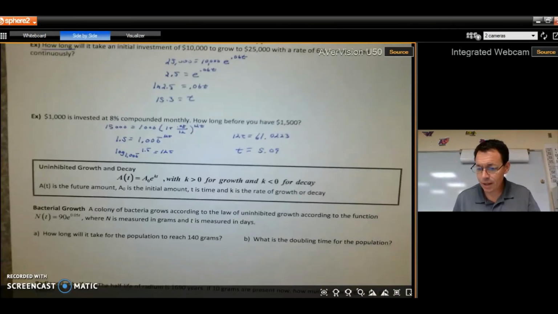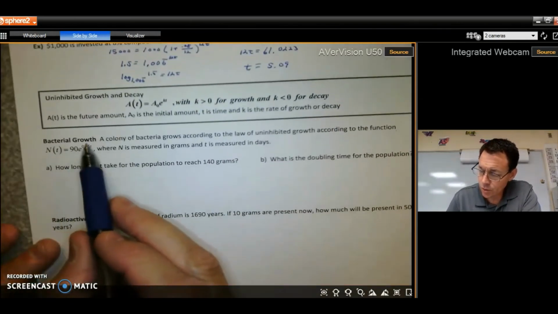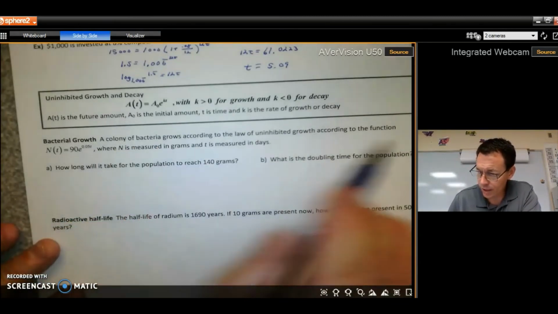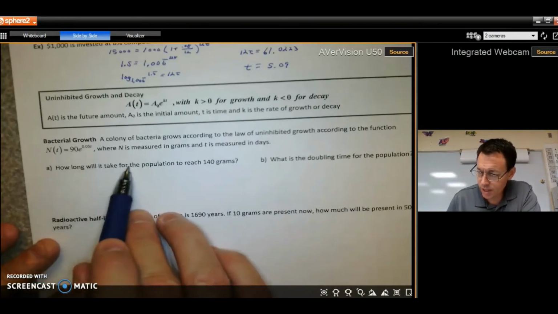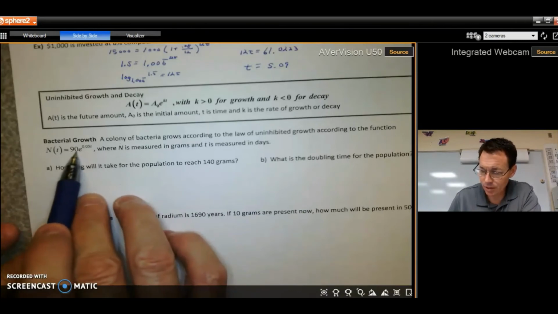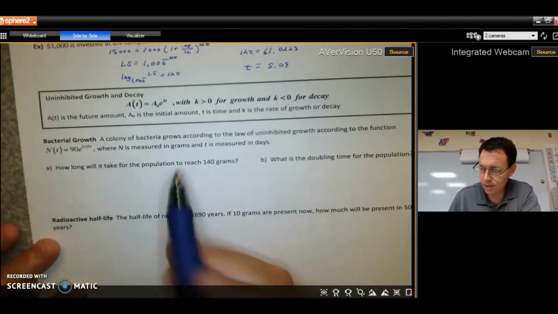Let's take a look at the growth and decay problems that we looked at earlier. This is the same problem we had earlier. We have a colony of bacteria growing at a certain rate. How long will it take for the population to reach 140 grams? This is our initial amount, 90. We want to know how long before our future amount is 140.